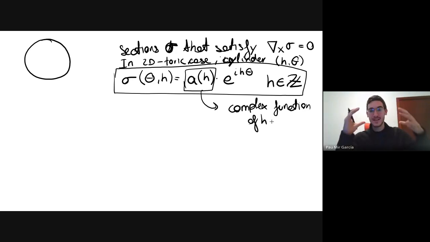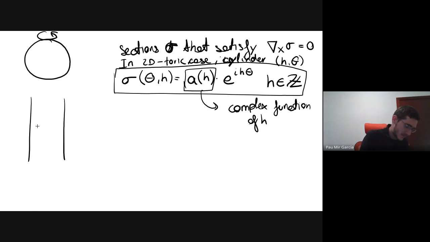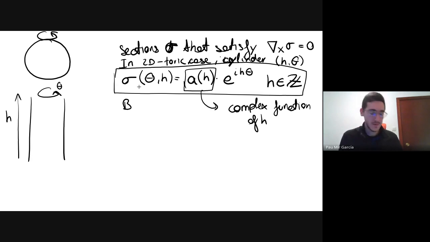And now notice that in this case, I should draw a picture of the cylinder. So we have a cylinder with rotations. We have theta as the angular coordinate, h as the height coordinate, and Bohr-Sommerfeld leaves are leaves in which h belongs to Z. So these are the global flat sections defined on a Bohr-Sommerfeld leaf.